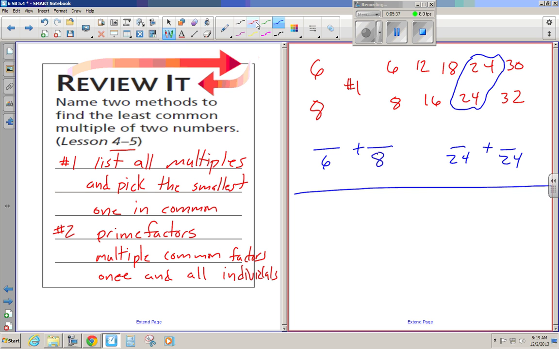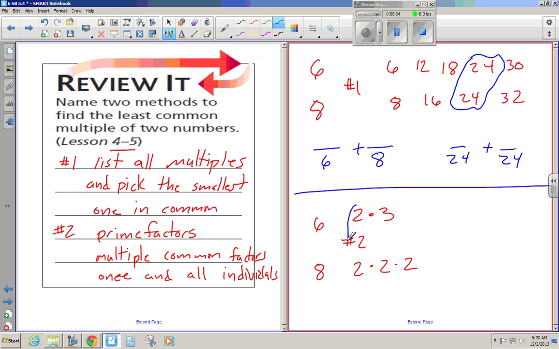Method number 2 is to do the prime factorizations. So for 6, that would be 2 times 3. And for the 8, that would be 2 times 2 times 2. And so what you do is you multiply the common factors.